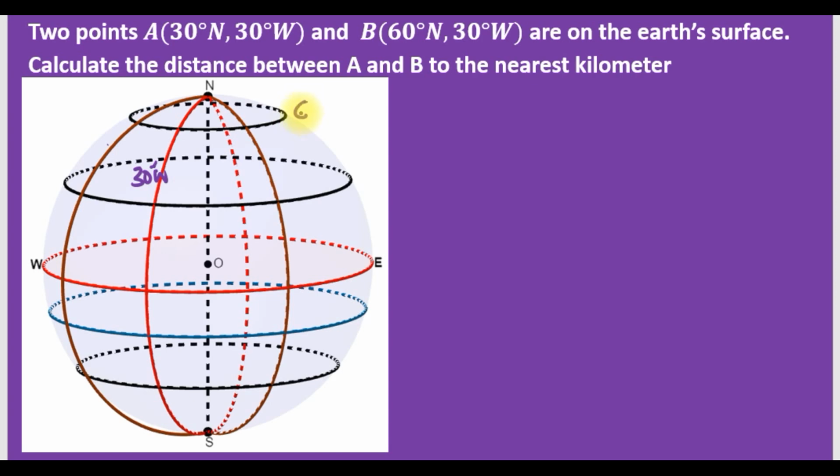So if I take this to be 60 north, because I have 60 and 30, so this is 30 north. So the first one, A, is the point of intersection of 30 north and 30 west. While my B is 60 north, 30 west. So do you see it? They have common longitude. So the distance is along the longitude. And this is my center, as you can see.